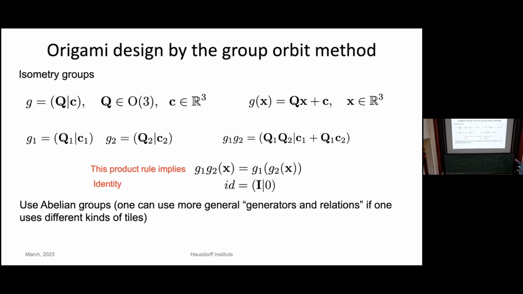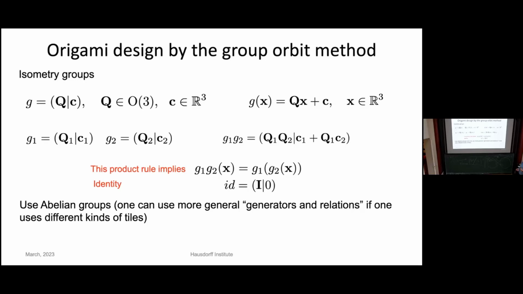So in a way, this action on R3 creates a topology for the groups. They're actually topological groups, and we'll use that aspect. We're going to use abelian groups mostly in the examples. In abelian groups, we use generators and relations.